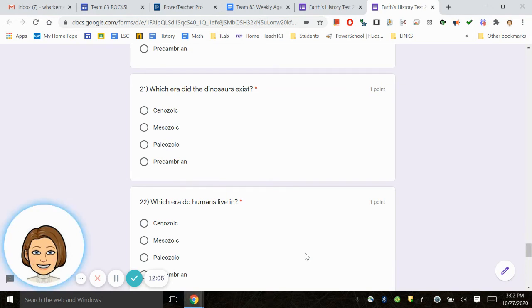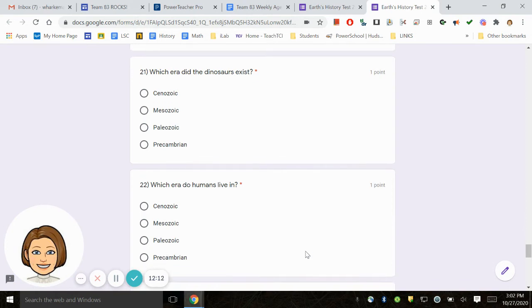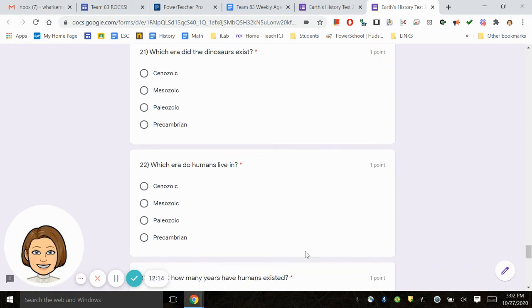Cenozoic, Mesozoic, Paleozoic, Precambrian. Number 22, which era do humans live in? Cenozoic, Mesozoic, Paleozoic, Precambrian.